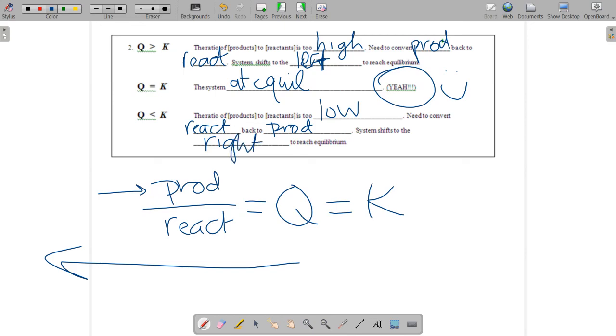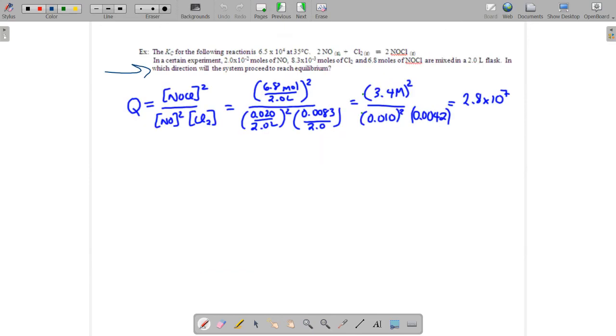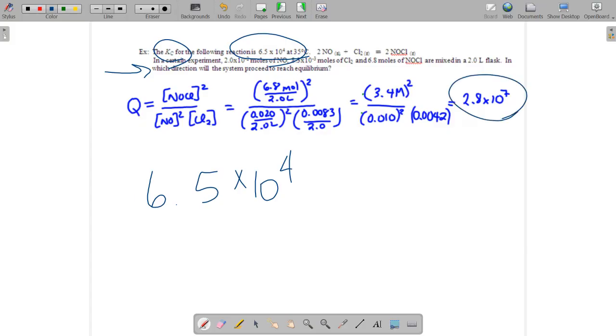Now, let's go back to our problem here. We know that the K for the reaction should be 6.5 times 10 to the fourth. That's what it says our K is. Now, our Q is not that. It is 2.8 times 10 to the seventh.